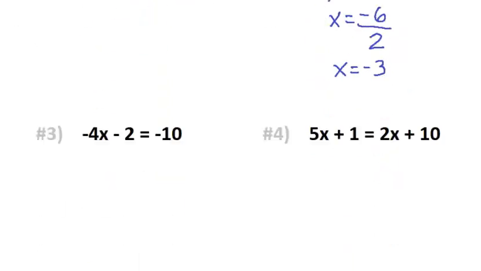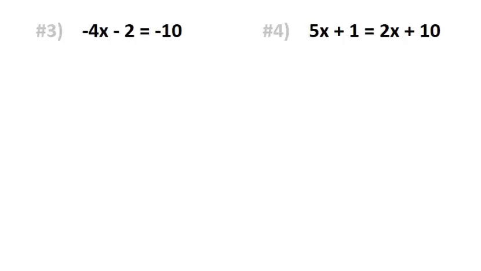Now, let's try solving a couple more so that we see how to deal with these things. Okay? So, I have minus 4x minus 2 equals minus 10. Same idea. The variables, or the numbers that have letters, you're going to leave them to the left side, and you're going to move to the right side the ones that are only numbers.